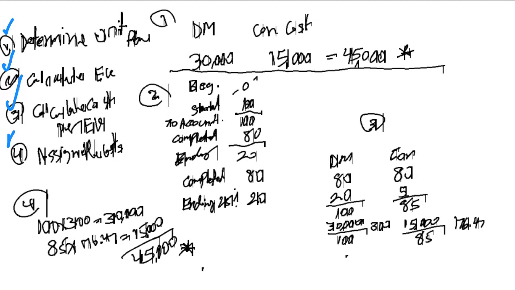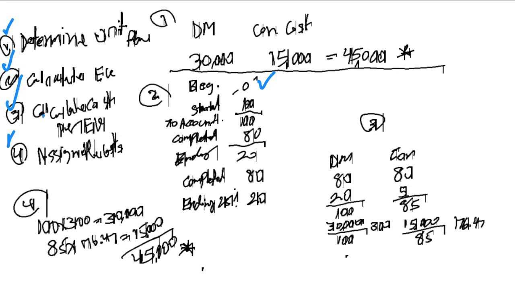I have beginning inventory 0. As I said, this is case number 2, so we don't have any beginning inventory. We started during this period by transferring direct material for 100 units to our production lines.